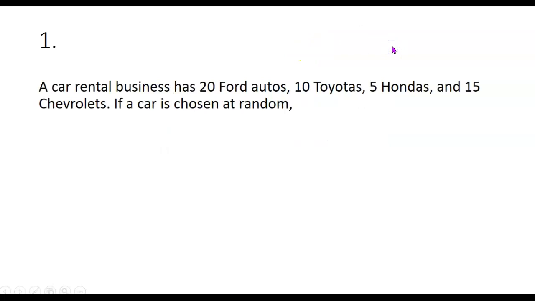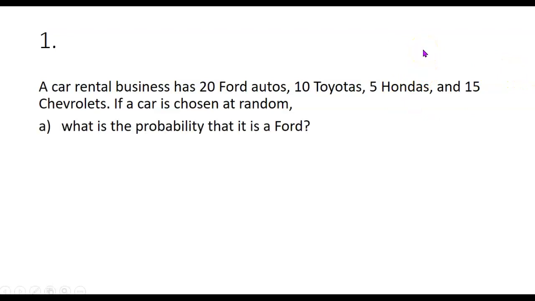Number 1, a car rental business has 20 Ford autos, 10 Toyotas, 5 Hondas, and 15 Chevrolets. If a car is chosen at random, what's the probability that it is a Ford? So the probability of it being a Ford would be the number of ways that could happen divided by the total number of possible outcomes.